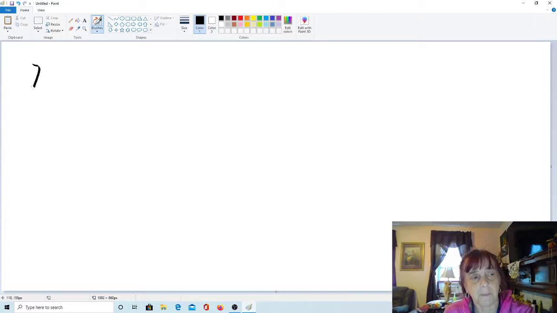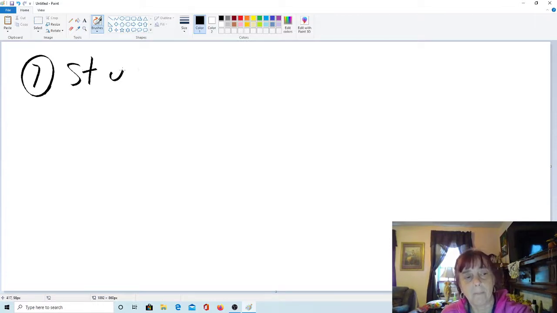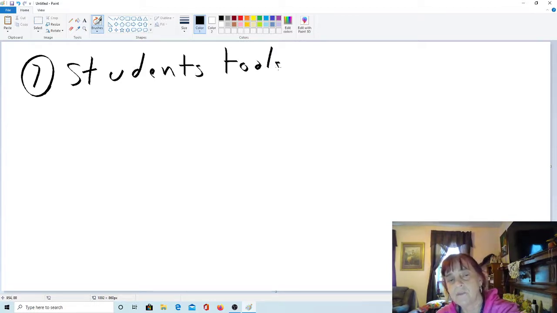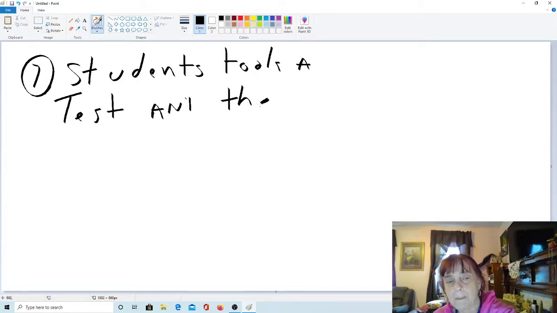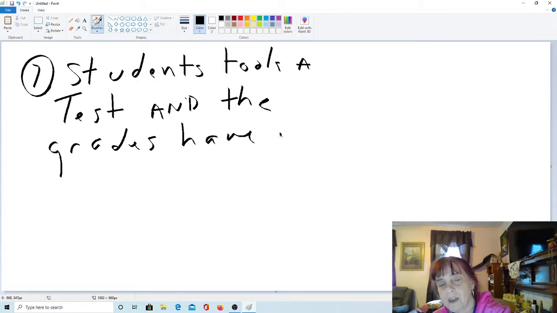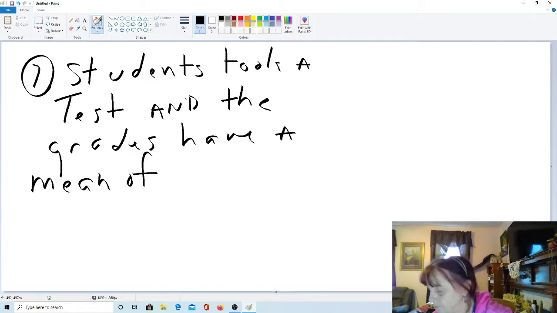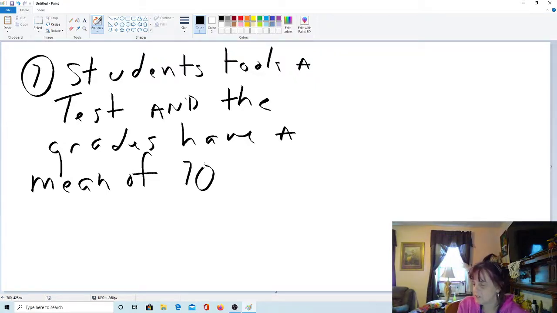Now, number 7. Students took a test. And the grades have a mean of 70 and a standard deviation of 10.